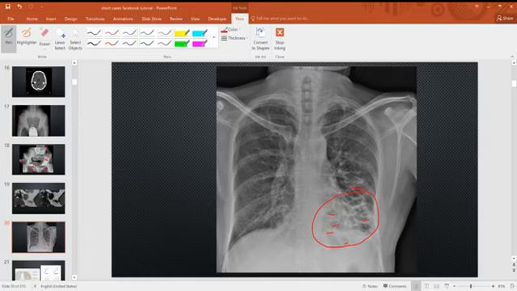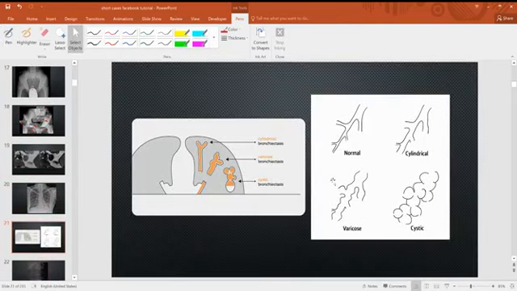We have 3 types or 4 types of bronchiectasis, and as we said, in this patient we have the cystic bronchiectasis, and we have the varicose bronchiectasis, which appears as a beaded appearance, as we see here, and we have the cylindrical bronchiectasis, and there is one more type.